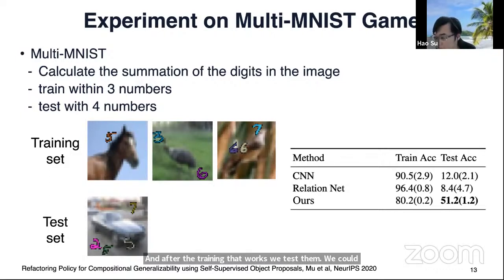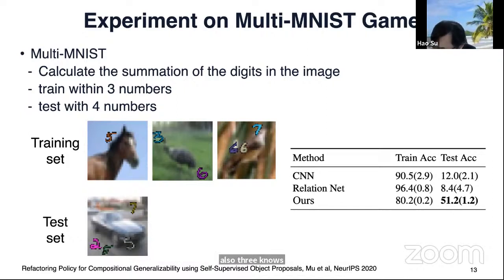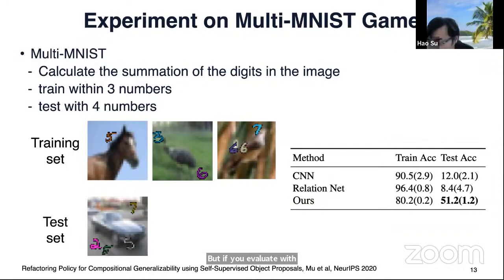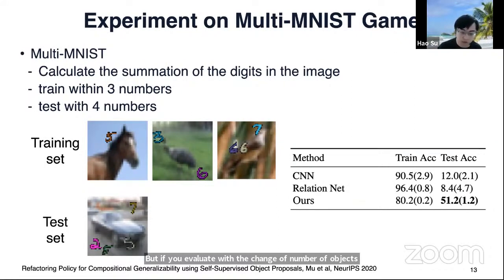And you could see that if we evaluate on graphs of also 3 nodes, the performance will still be high for all the networks. But if you evaluate with a change in the number of objects, then the graph neural network shows a certain kind of advantage. So this is already evidence that the graph neural network allows you to generalize better in terms of learning an algorithm to reason.